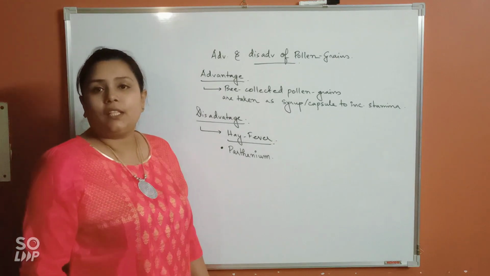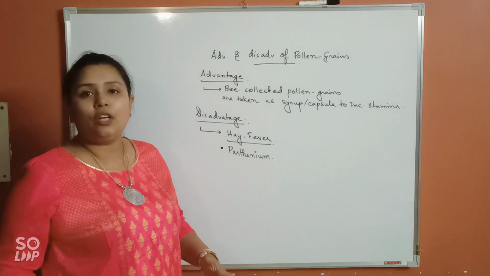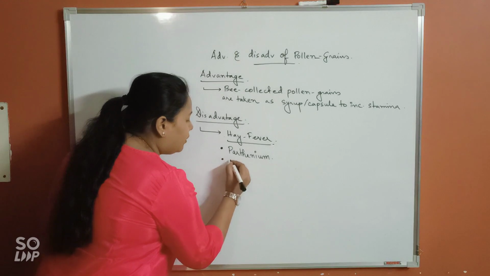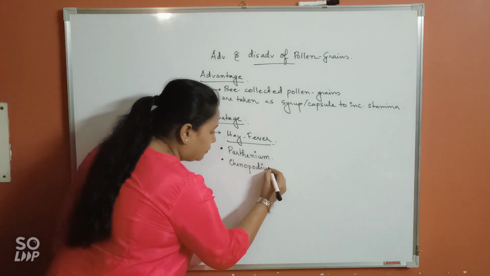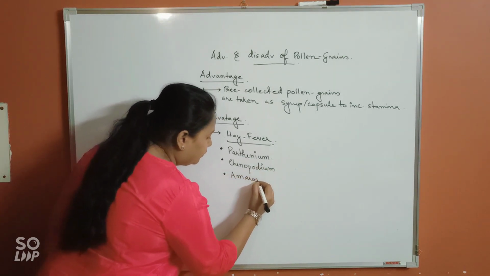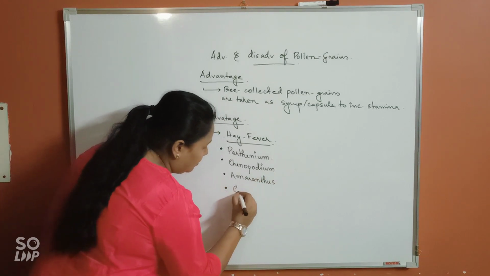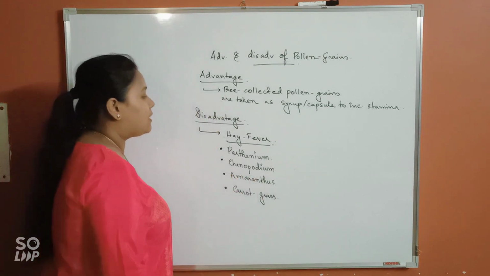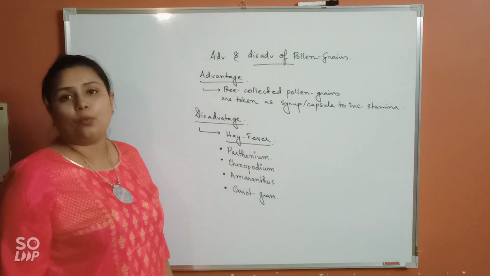Parthenium entered our country as a contaminant with imported wheat, and later spread to the entire country. Apart from Parthenium, there is Chenopodium, then Amaranthus, and another example is carrot grass. These are important examples of plants which cause pollen allergy.